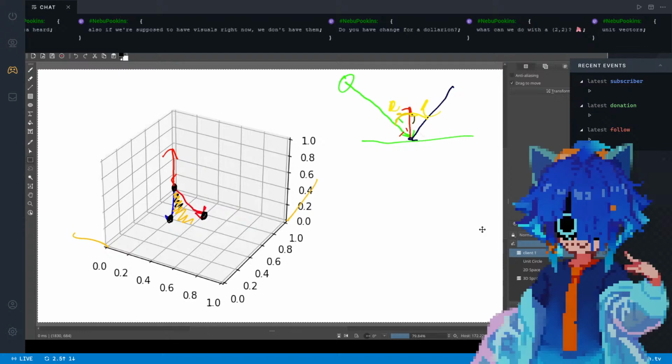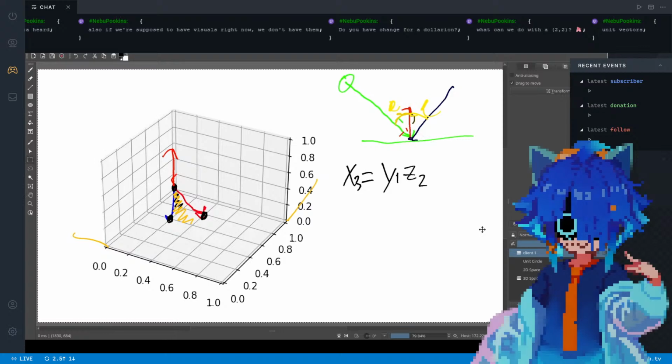So the formula is: x of 3 is going to be equal to y of 1 and z of 2.